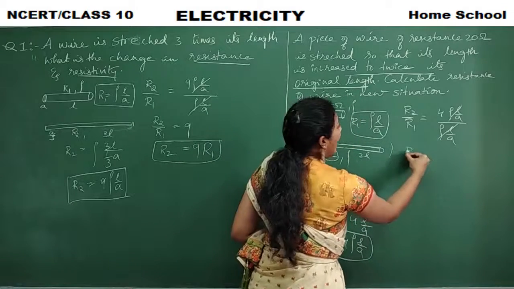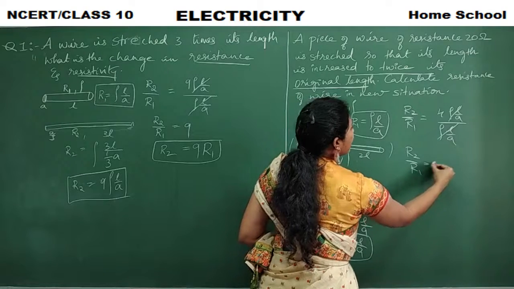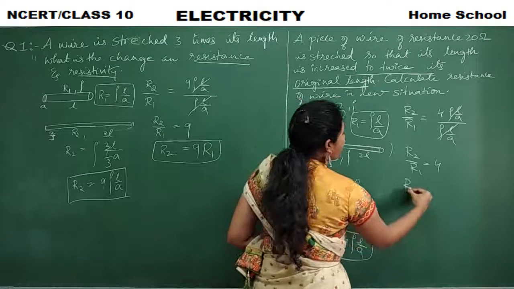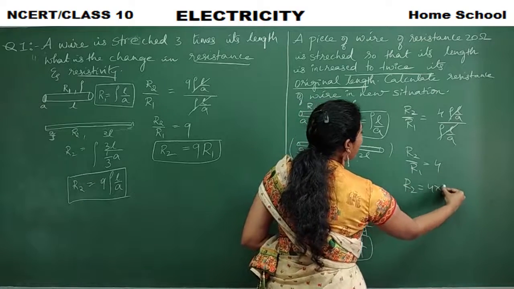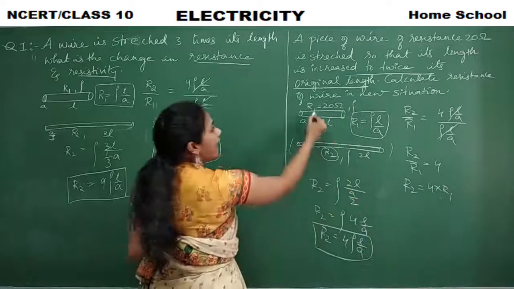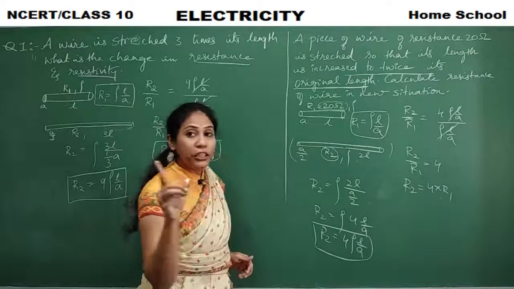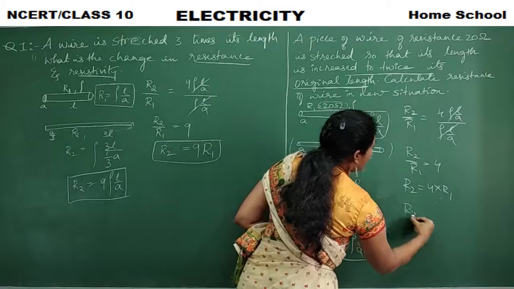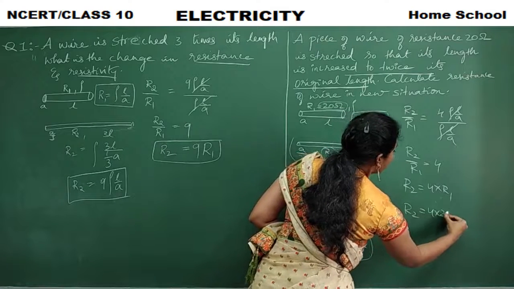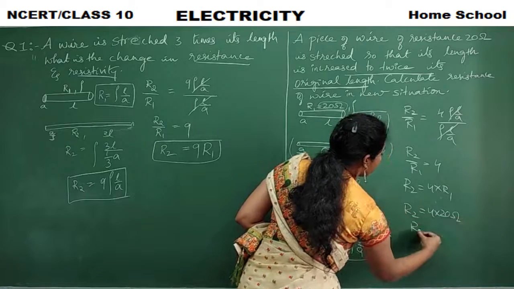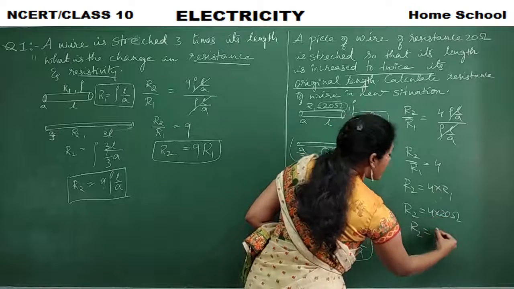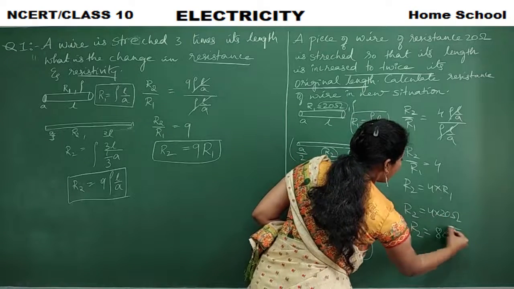So you got R2 by R1 is equal to 4. R2 is equal to 4 into R1. Here R1 they have given, 20 ohms. So R2 is equal to 4 into 20 ohms. So R2 is nothing but 4 eights, that is 80 ohms.